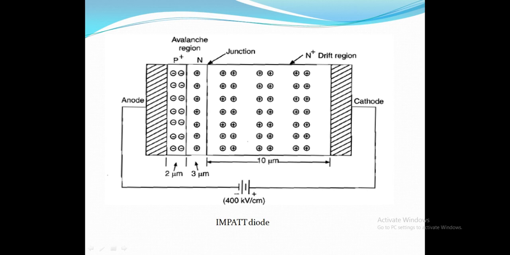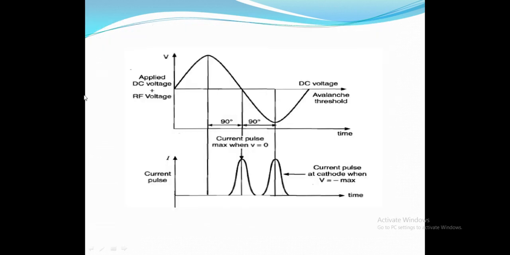It is now assumed that oscillations exist, and we may consider the effect of the positive swing of the RF AC voltage superimposed on top of the high applied DC voltage.